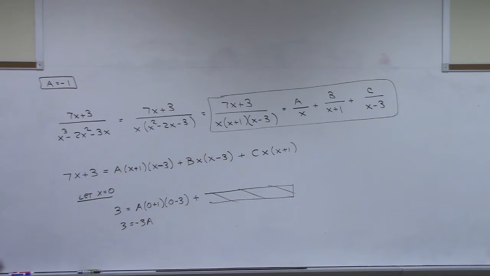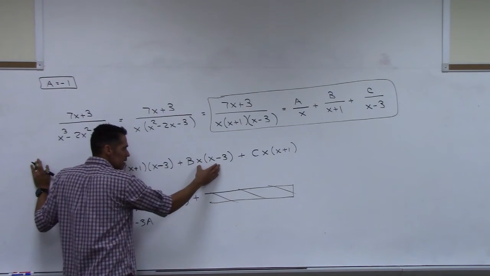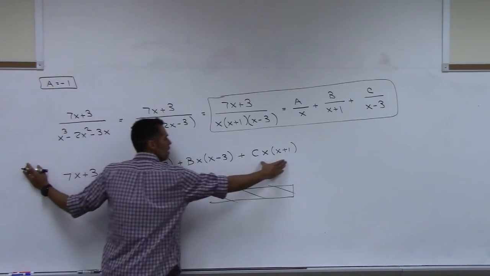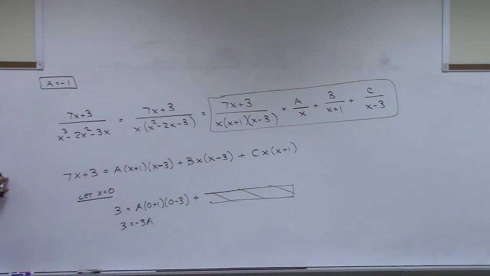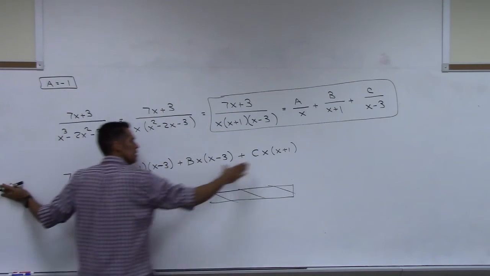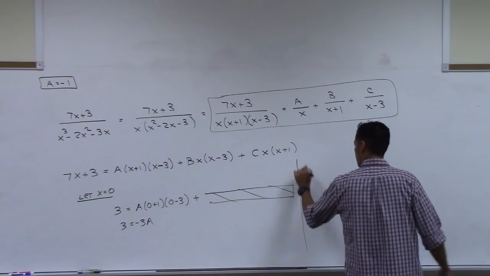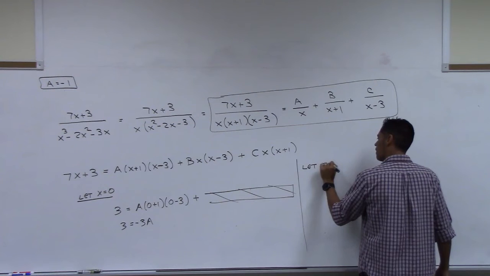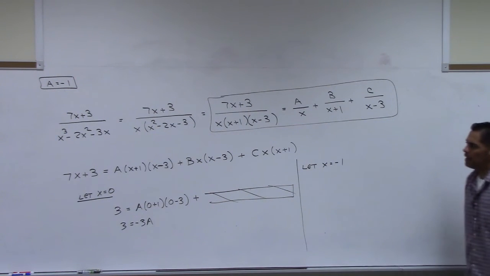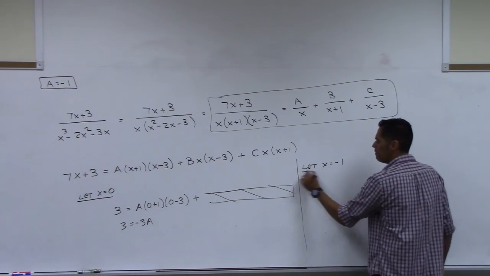Now we go try and get B. If I'm going to try and get B, I need to kill this off and this off. So what can I pick? How can I choose X to kill this and kill this but not kill this? Negative 1. If X is negative 1, we rewrite everything.